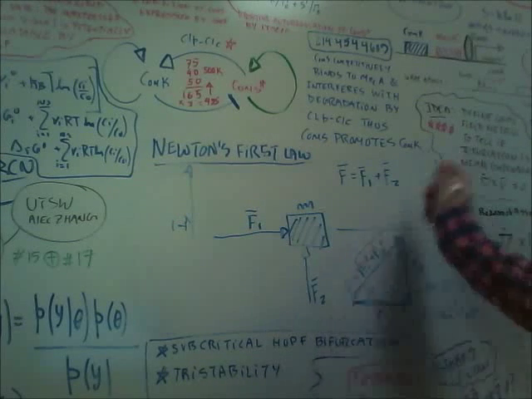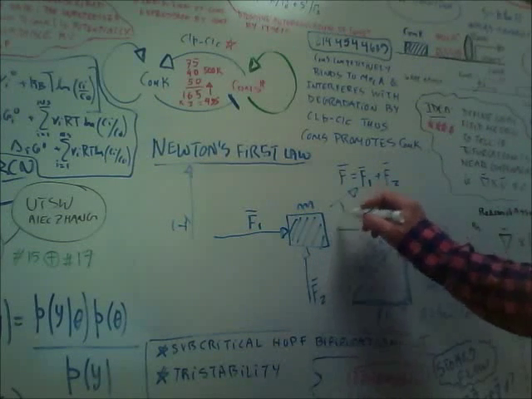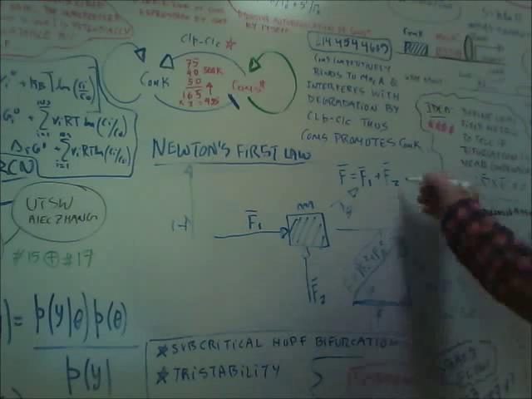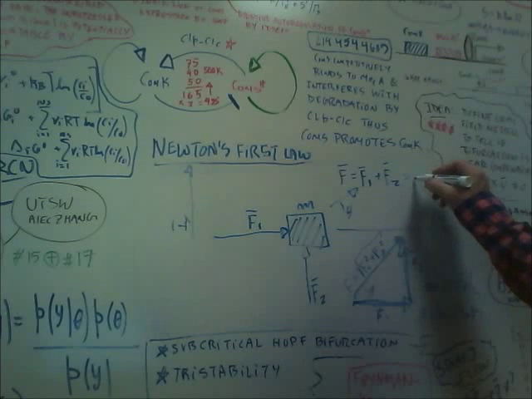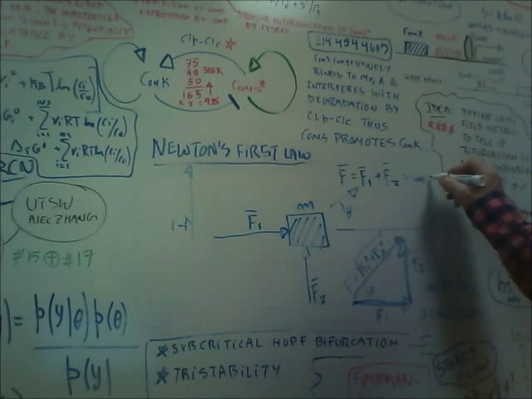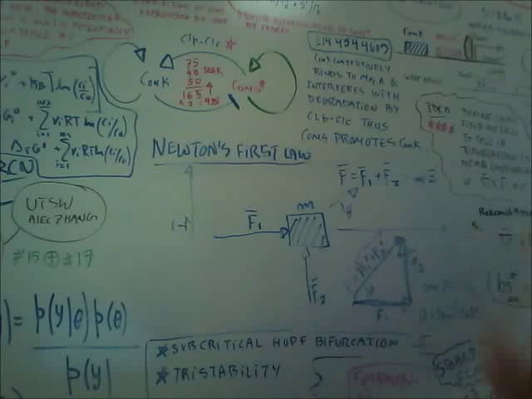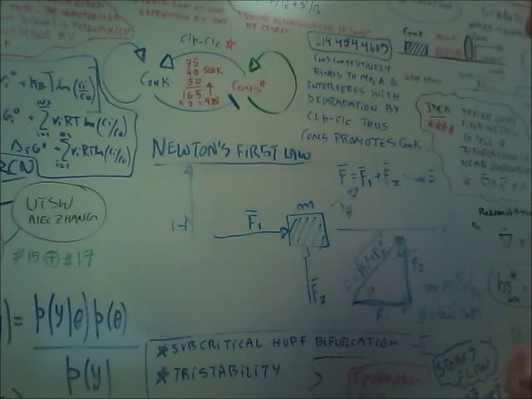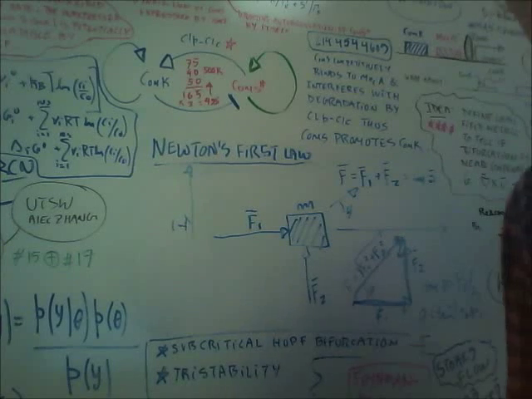That gives you the angle at which the mass will move. And if you know the mass, and you know F, then F equals m times a. Divide F by m and it gives you the acceleration. So you know where it's going to go, and you know how fast its speed will change.